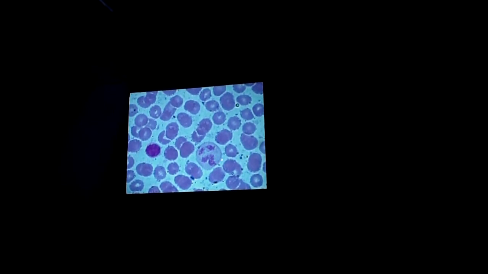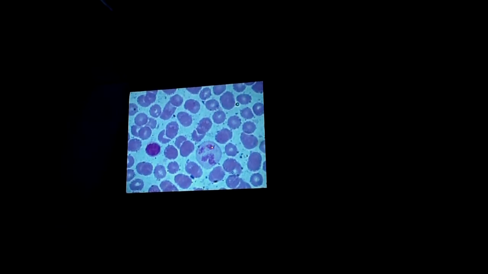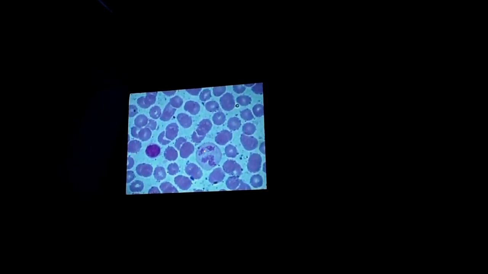So those granules are actually now the primary and the specific granules. However, because of a more or less neutral color of the cytoplasm of that cell, and then the characteristic segmentations of its nucleus, that cell is called, okay, the segmented neutrophil.